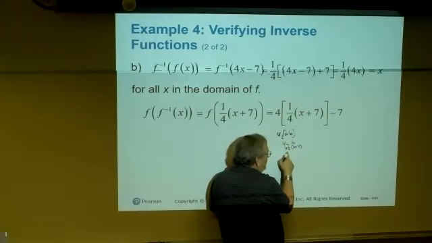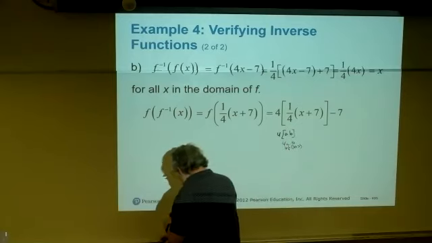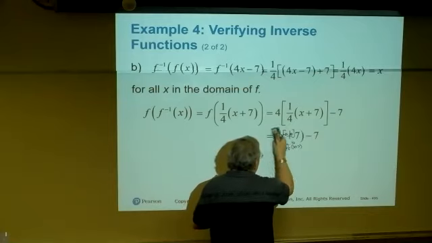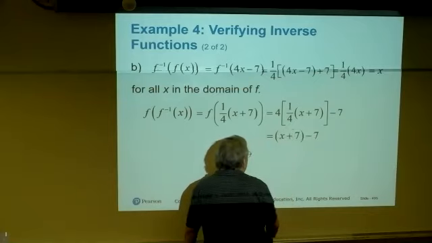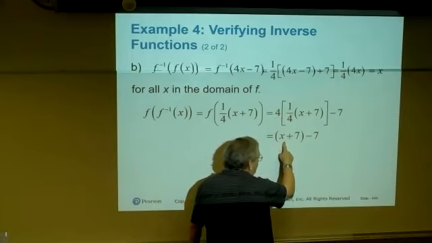So we have 4 times 1/4, which is 1. So what this side of the plus sign is just x plus 7. Because we're just doing 4 times 1/4, which is 1. So we just add x plus 7.